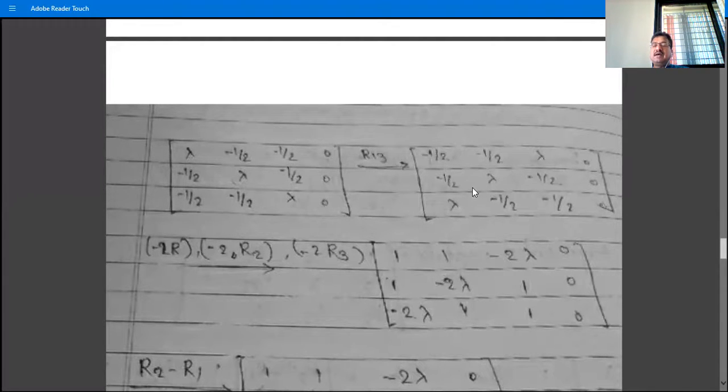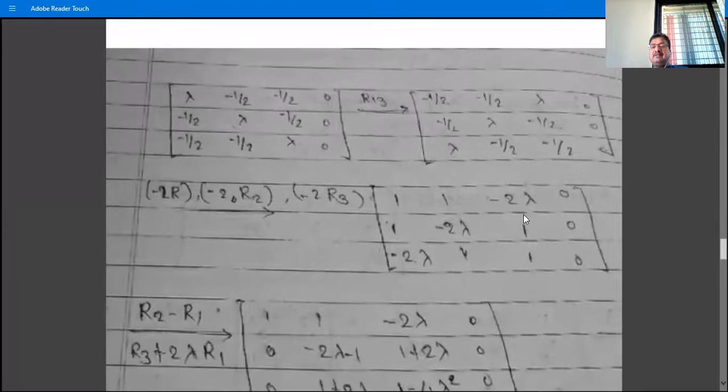So we multiply the first row, second row, and third row by minus 2, and we have this matrix after these three transformations.